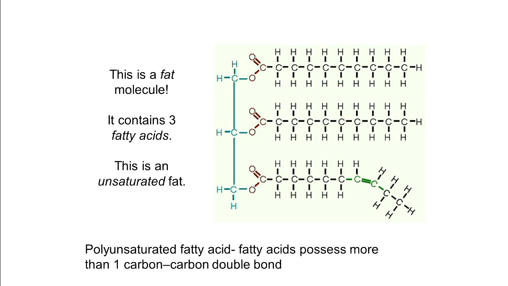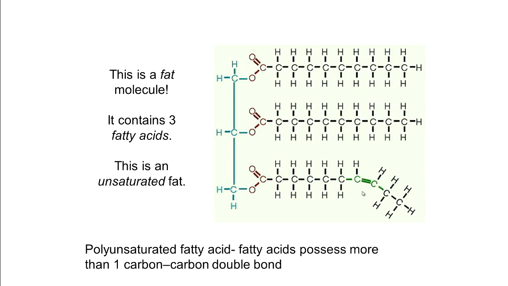So here we're looking at a fat molecule, and this is an unsaturated fatty acid. Saturated, sorry. Help me out. It's early. This is your unsaturated. Just one carbon-carbon double bond has changed this fat molecule into a monounsaturated fat.